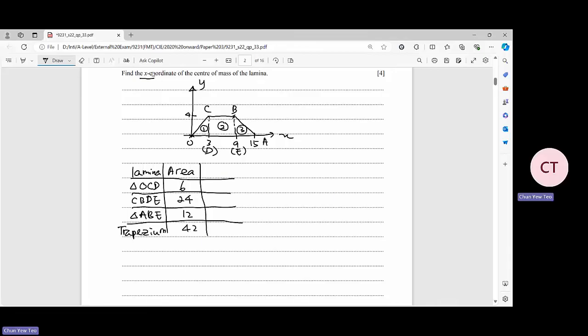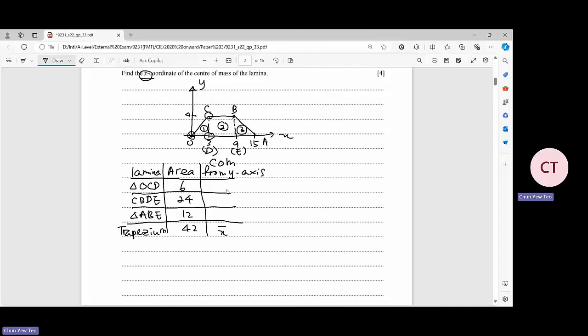You're looking for the x-coordinate, so you're looking for x bar. The x bar is measured from the y-axis, so the center of mass from the y-axis. For the first triangle, you just take the coordinates of these three points, add together, divide by 3.